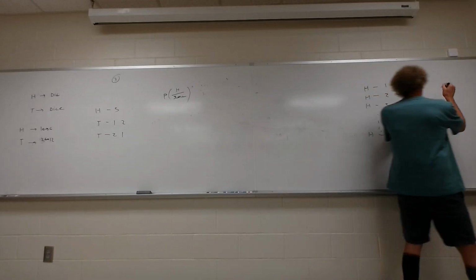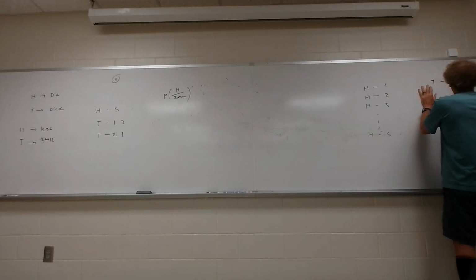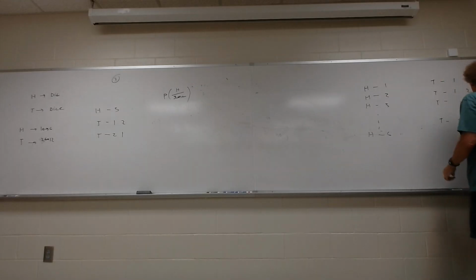Then you have tails 1 1, tails 1 2. Or, I'm sorry, I better do it this way. Tails 2 1, and going down here. This is going to have 36 possibilities, correct? Or, wait a second, am I wrong about that? Better be careful.